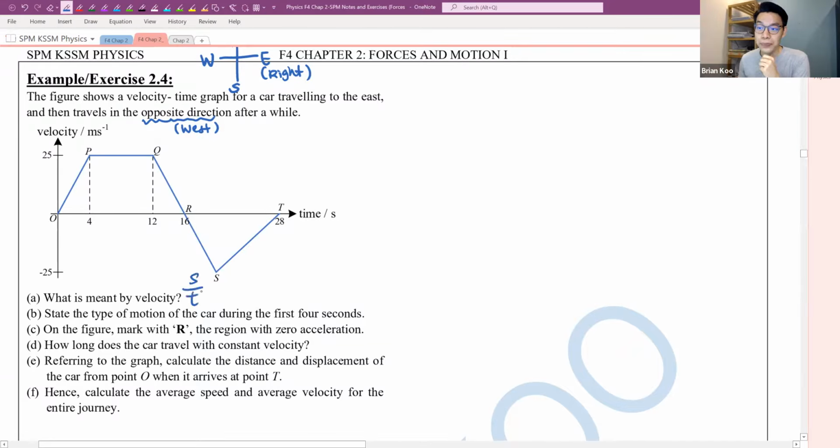And if your memory is a bit better, you remember that I said before many times, if you have over time, usually we can say rate of change of something, right? So velocity is just the rate of change of displacement.